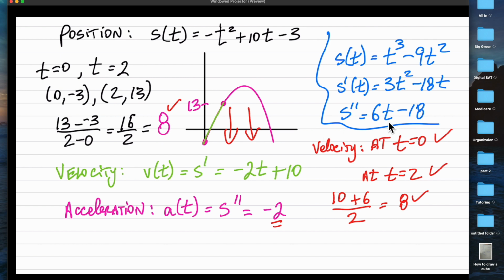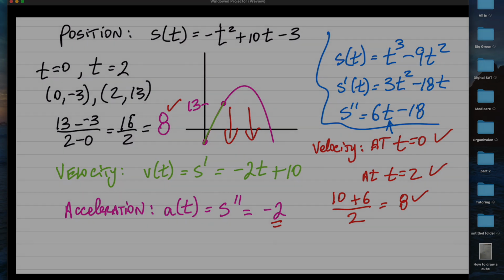This is not a constant acceleration because t is in the second derivative. So when your acceleration changes as you move from one point to another, you will not get this correspondence. So you cannot get into the habit of doing this. You have to do it the right way. You have to get the initial point, the second point, and take the secant line and the slope thereof.